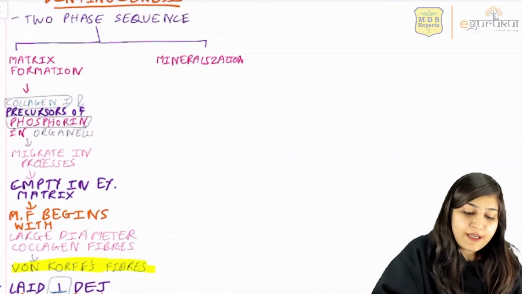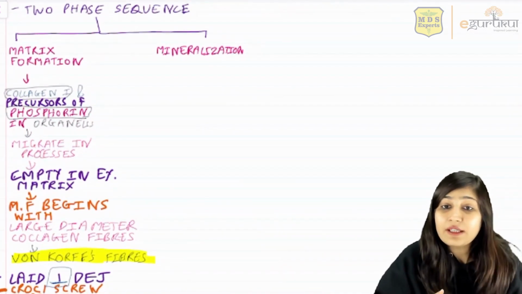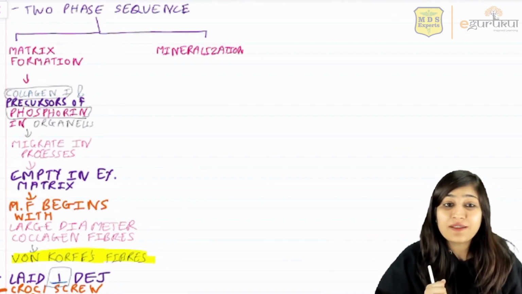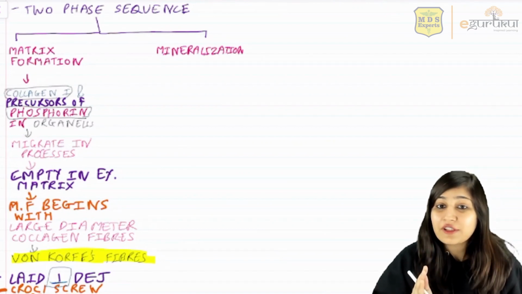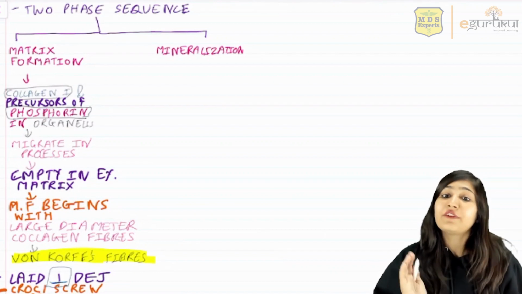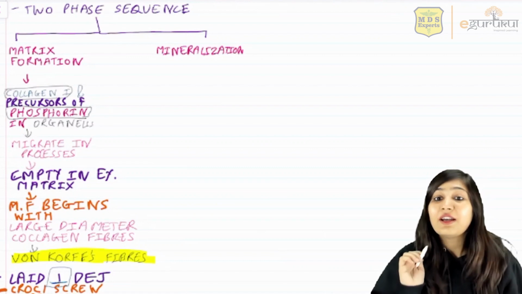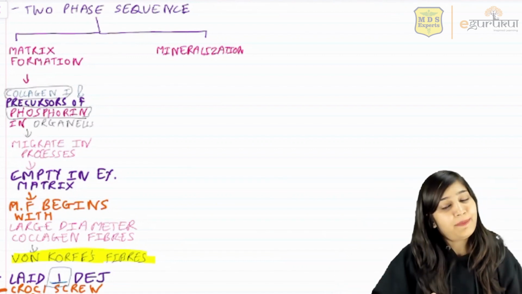So it is a two-phase sequence. It involves what? First, matrix formation, and second, mineralization. Matrix formation starts with collagen and precursors of phosphophoryn present in organelles. From there they will be transported to the cytoplasmic processes of odontoblast cells and then to the extracellular matrix.